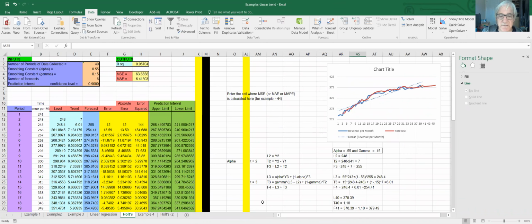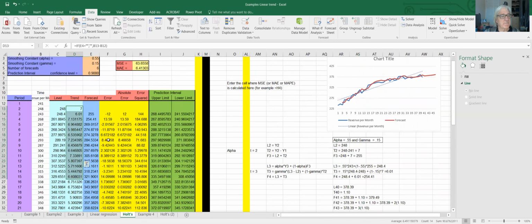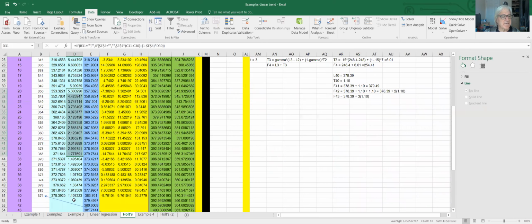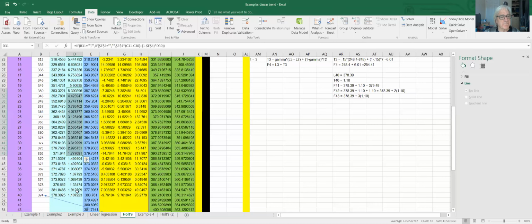So just a few observations before we move on. The trend at the beginning here, I'm looking at what Holt is giving me, as you see, it's around 6, 7. That's around what you have here. What happens at period number, say, 20? It starts to move down, and it stabilizes around 1 point something.